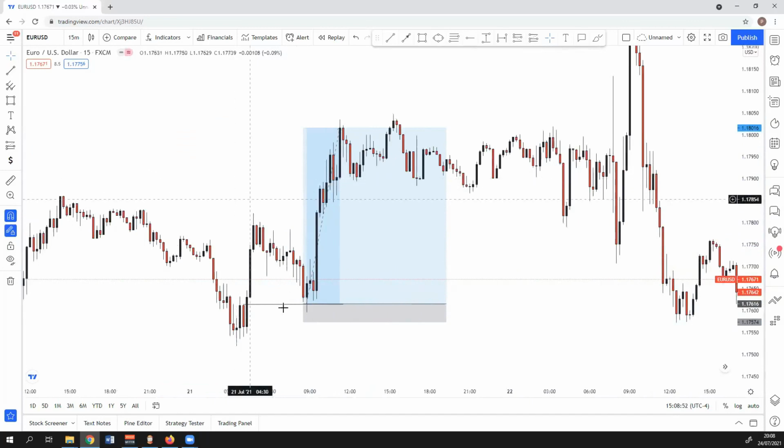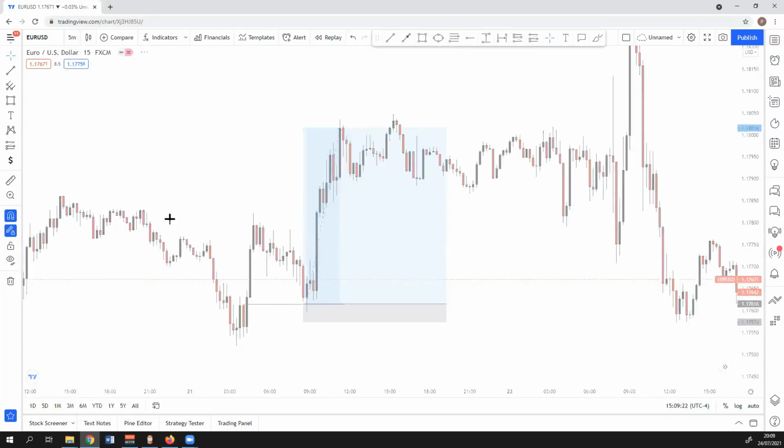When that entry has been validated, you can refine further into the lower time frame. What I mean is you can refine into the 5-minute, and you're going to see a fractal behavior in price, the same behavior that you find on the 15-minute time frame or whatever higher time frame chart you use.